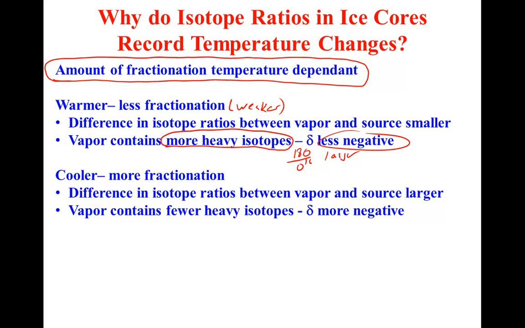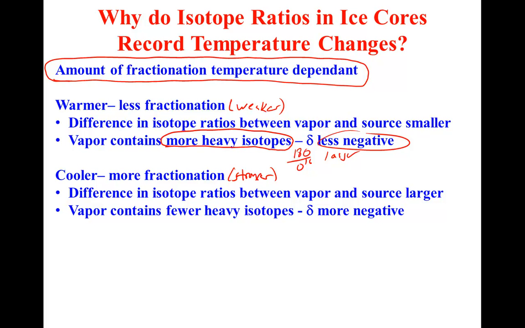The opposite is true of colder temperatures. The fractionation effect is stronger at colder temperatures. It becomes much more difficult to get the heavy isotope to evaporate at colder temperatures. Even less of it gets into the vapor.